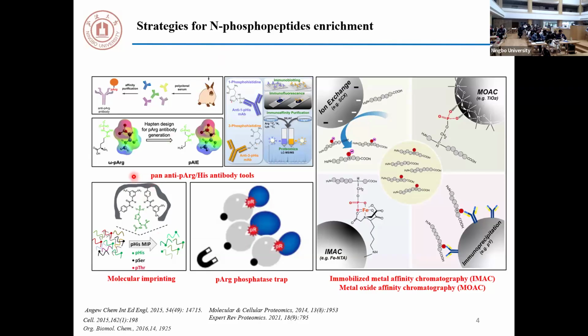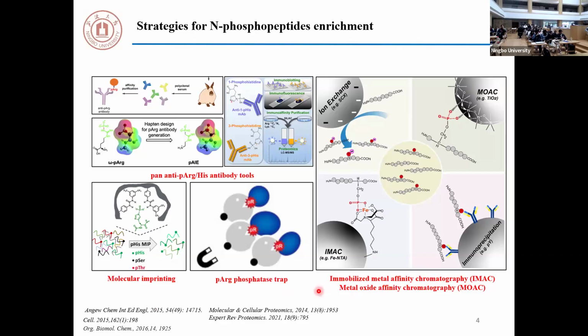However, existing antibody tools are limited to phosphoarginine and phosphohistidine protein identification. Besides, several novel strategies such as molecular imprinting strategies or fast-test trap strategies were also developed. However, these methods can only be used for one type of nitrogen phosphorylation identification.